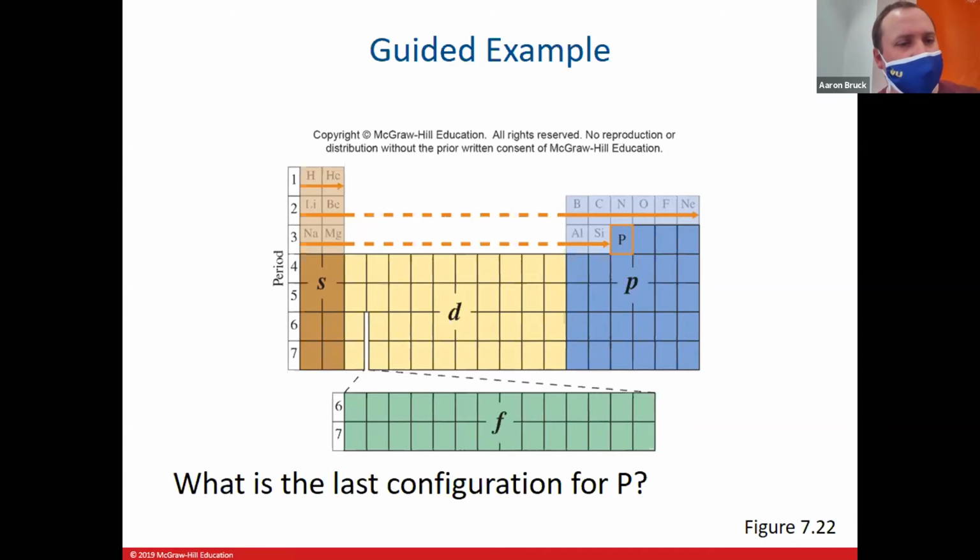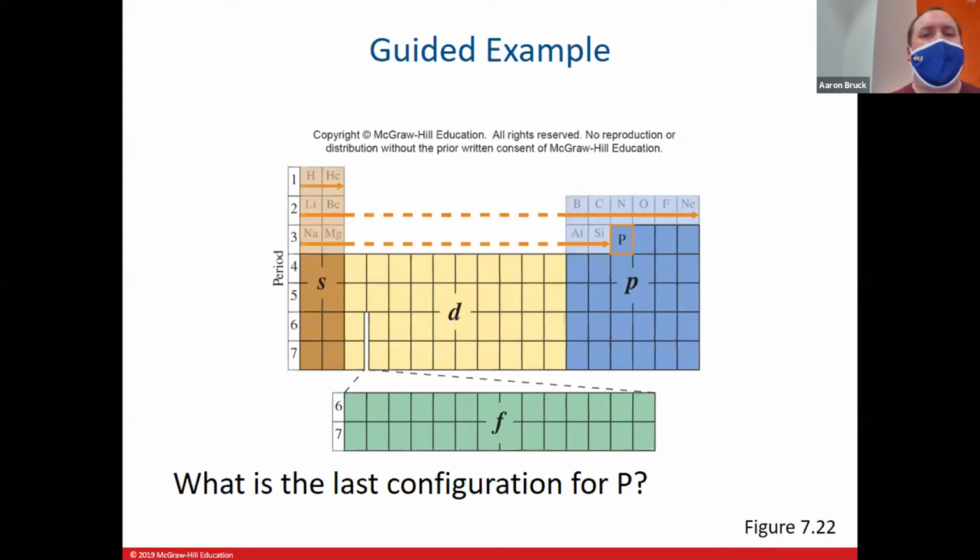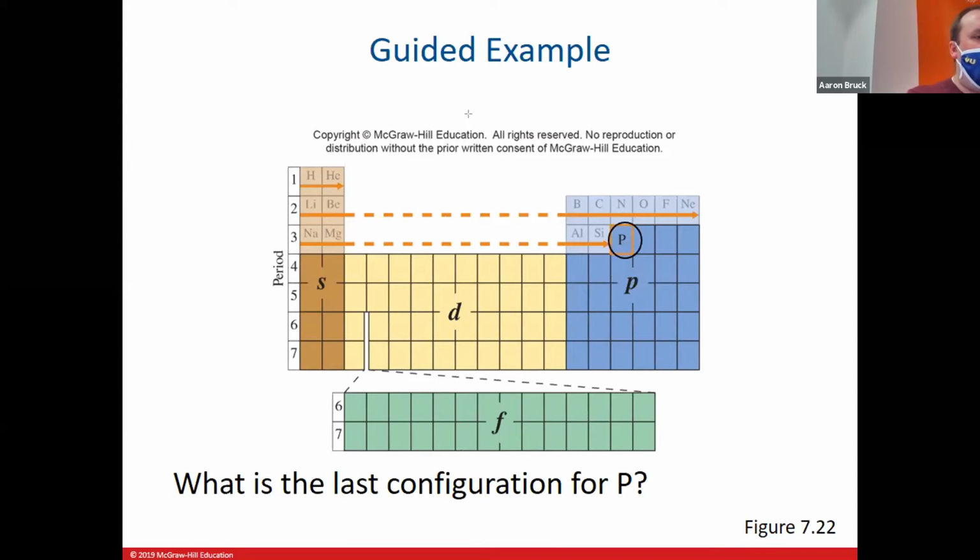All right. In this guided example, what is the last configuration for phosphorus? Well, again, can we pinpoint it to its particular battleship placement? So I look at it, I see, okay, it is here. I line it up.